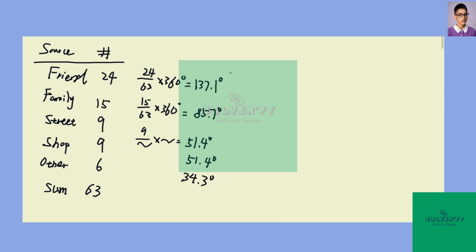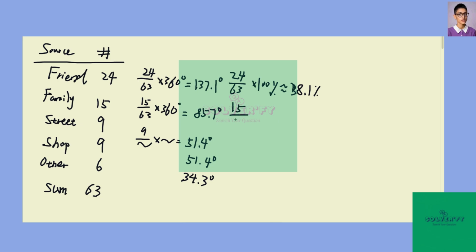So for example, the first one is 24 over 63 times 100%, which is approximately 38.1%.